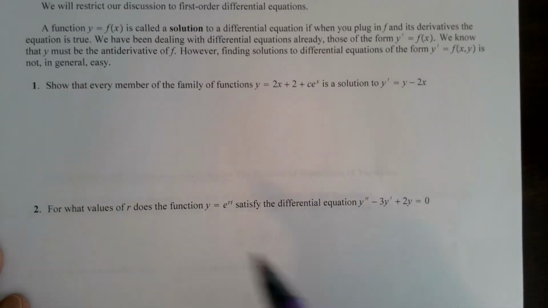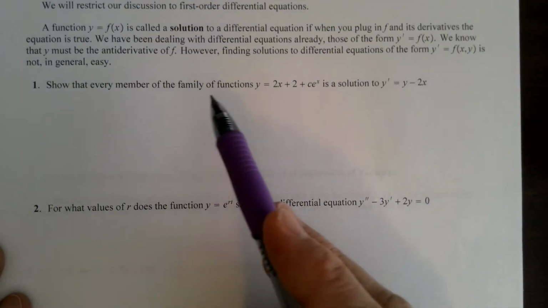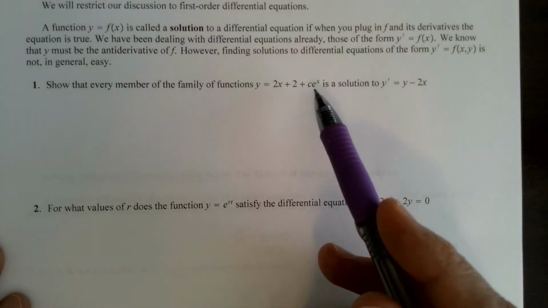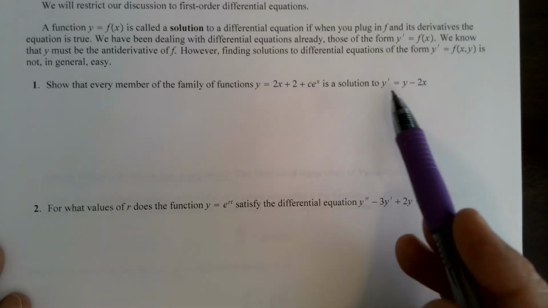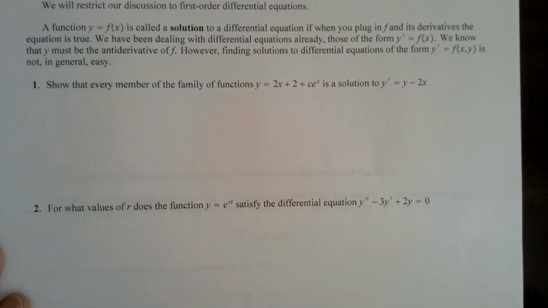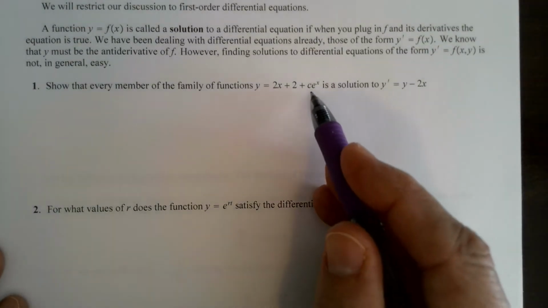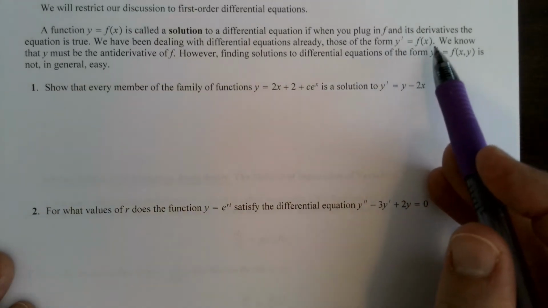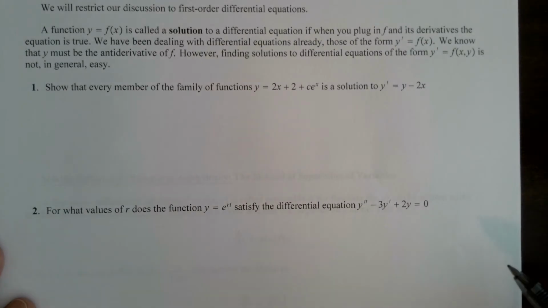We're going to show that every member of the family of functions y equals 2x plus 2 plus c e to the x is a solution to this differential equation. c is a constant here, and you're not surprised to see constants, because when we solve this differential equation by integrating, we're going to get that plus c constant of integration.